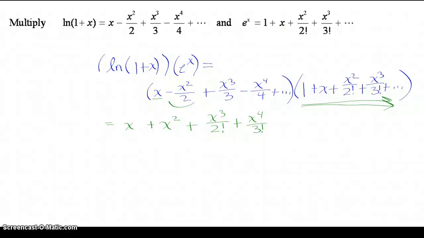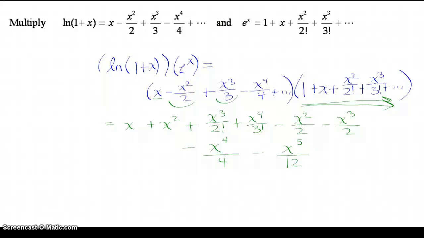So that term multiplied by 1 gives me that. That term multiplied by x gives me that. That term multiplied by x squared over 2 factorial gives me an x to the 4th over 2 factorial, which is 2 times 2, so that's over 4. And that term multiplied by x cubed over 3 factorial will give me a minus x to the 5th over 2 times 6, which is 12.